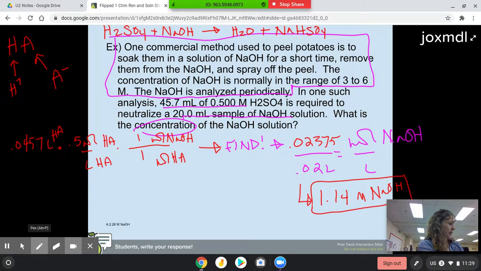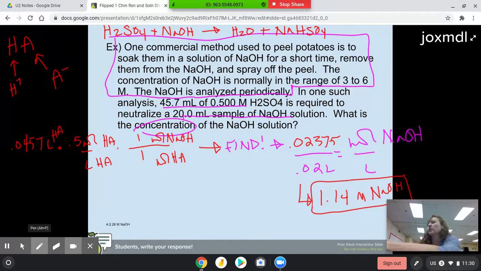Questions on this one, or comments, concerns? So a lot of the questions on the quiz on Monday, will it be like these? A lot of them just finding the molarity and the moles of these equations? Right. So the mole math, that stoichiometry math, is a big part of this chapter.